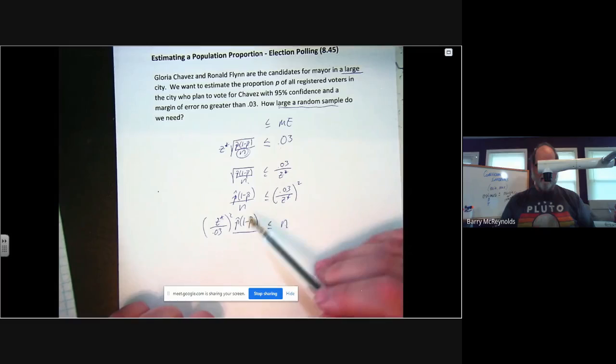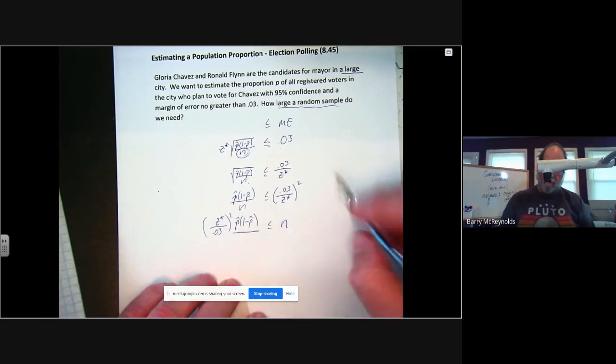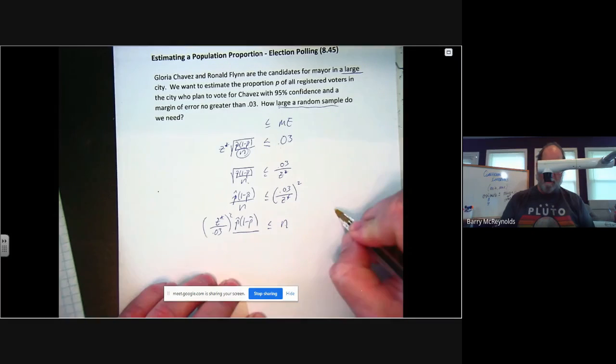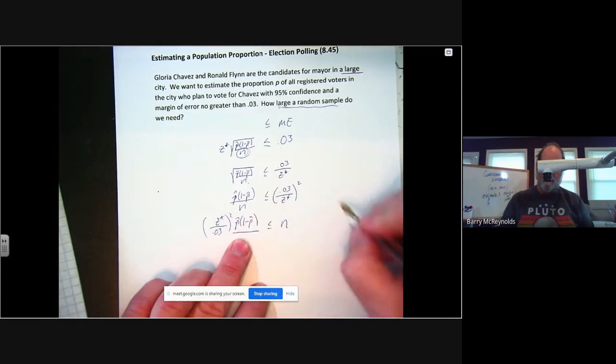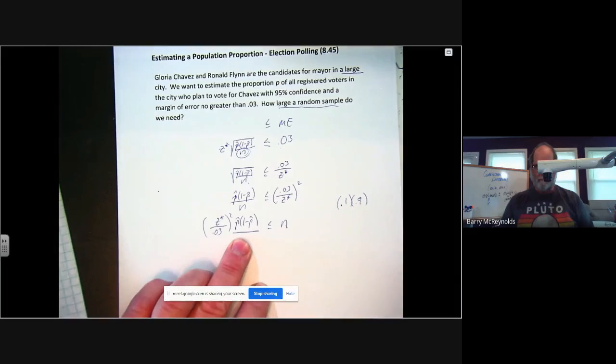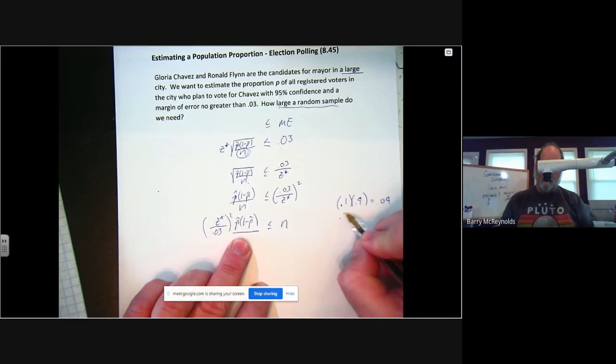And so over here on the side, I can do a couple of calculations. Let's say that p hat is 10%. So that's 0.1 times 0.9. Okay, and if I multiply those two things together, I get a value of 0.09. Okay, so let's say that this is 0.2, and so this one will be 0.8, and I'll get a value of 0.16.